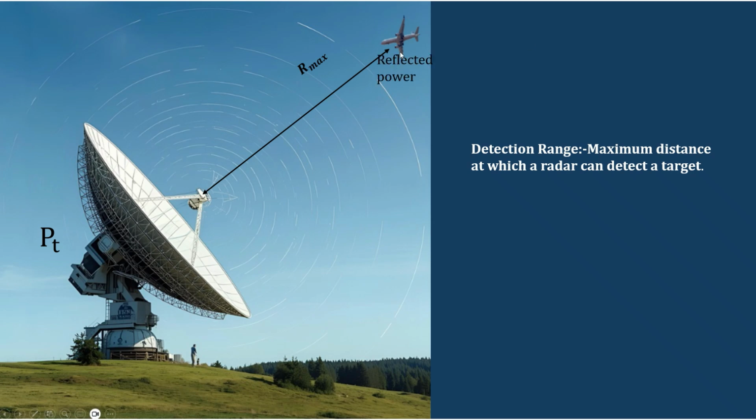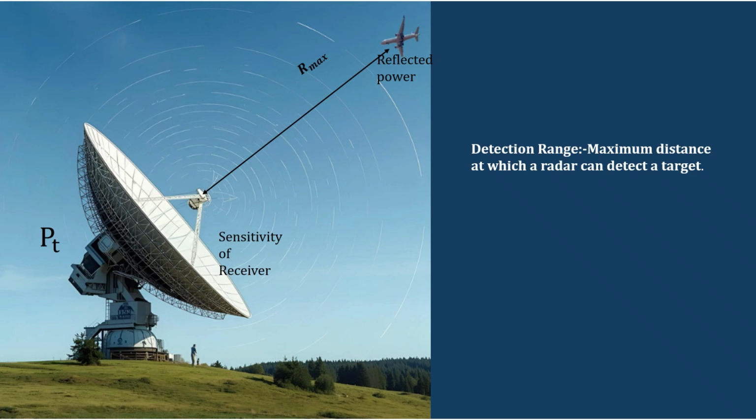If the size of the target is very small, or the reflected power from the target is very small, the received power will be very small and the detected range will be less. So it also depends upon the reflected power from the target, which depends upon the size, shape, incident wave angle, and the material of the target.